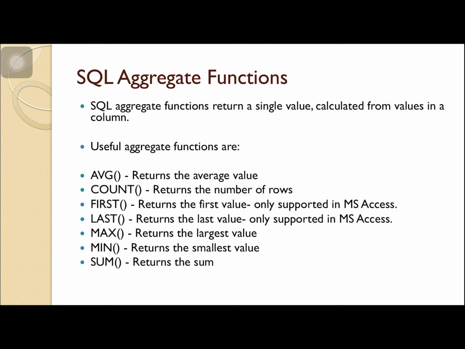Some useful aggregate functions are avg function for average, count function for counting the number of rows, first and last functions. These are used to return the first and last values respectively. These are only supported in MS Access.